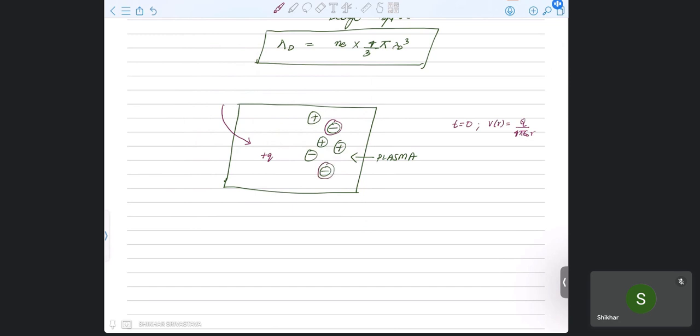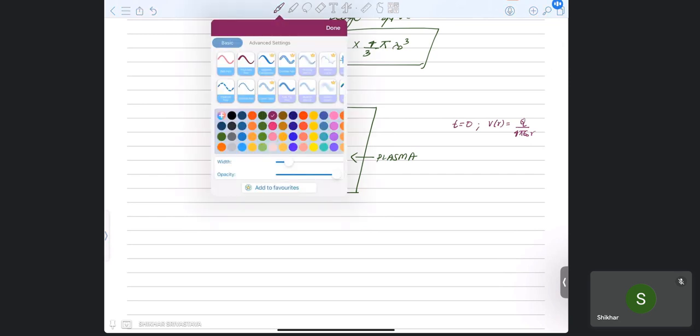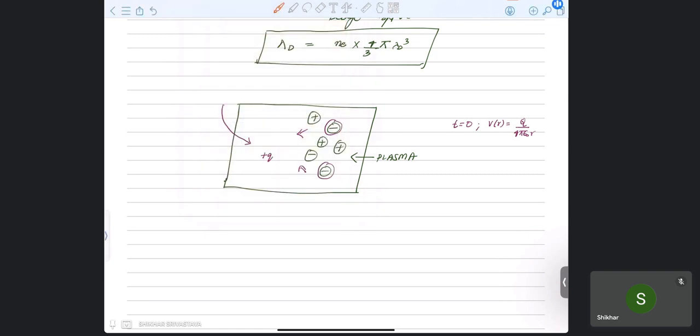These negative electrons will start coming towards this positive test charge, and in doing so they will form a cloud. This is a characteristic of plasma. They will form some type of circular cloud surrounding it.